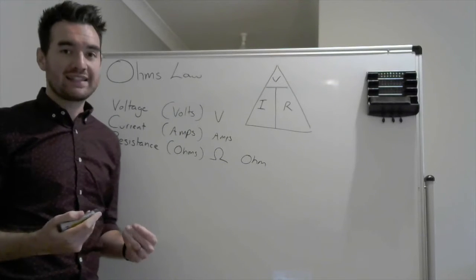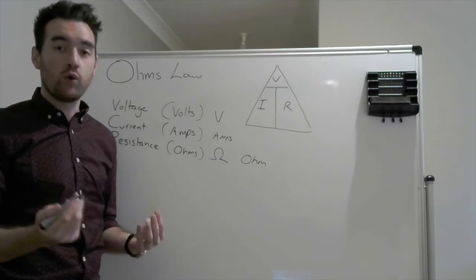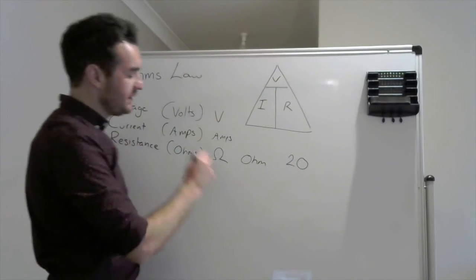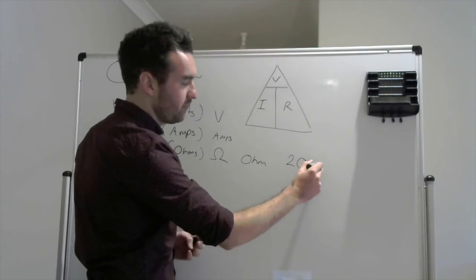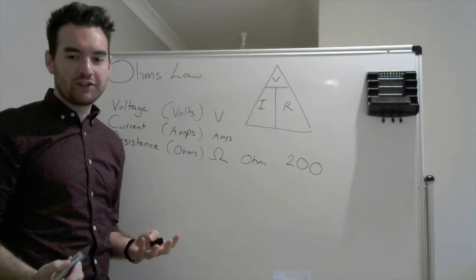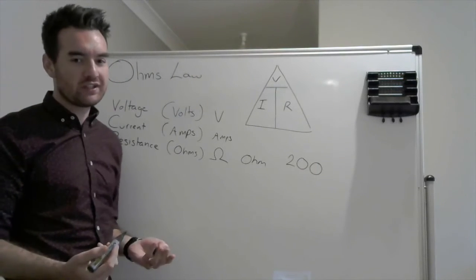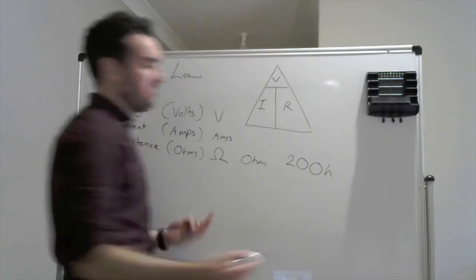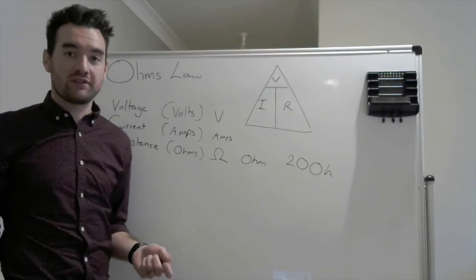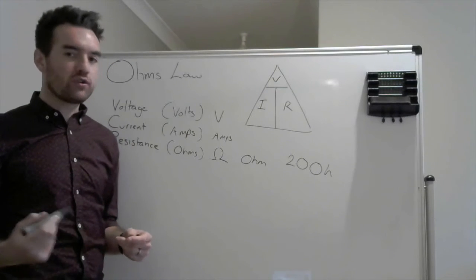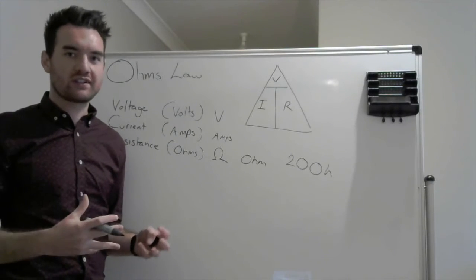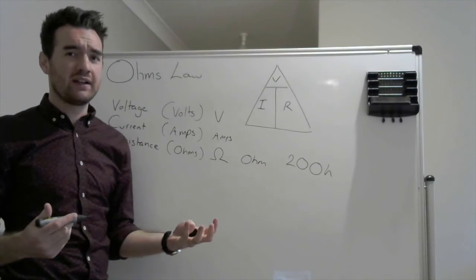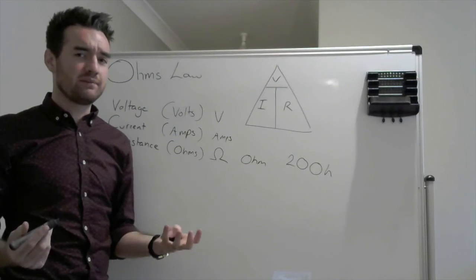Imagine we had a resistance of 20 ohms, and I used O, for example. That doesn't look great. It could be 200, it doesn't look like 20 ohms. And if I add the H in there, that could be 200 hours, for example. So we don't use OH because it's too close to what the number could be, and it could actually make our data look a bit muddled up.